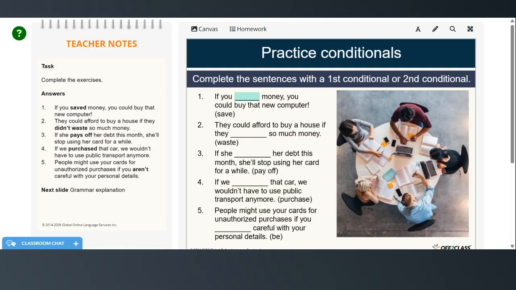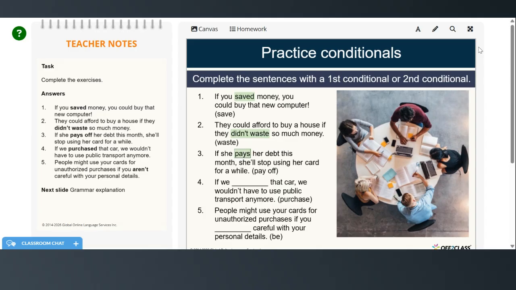So if you saved money, you could buy a new computer. They could afford to buy a house if they didn't waste so much money.